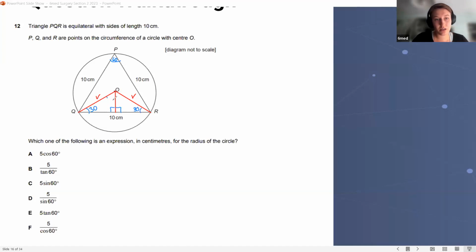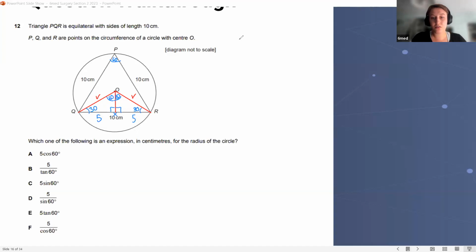And this angle here would also be 60 degrees. So I've now got two identical right angle triangles. I'm trying to find this side length. I can work out the side length here. If I make that X, I can work out QX or XR because it would be 10 divided by 2. So that would be 5 here and 5 there.